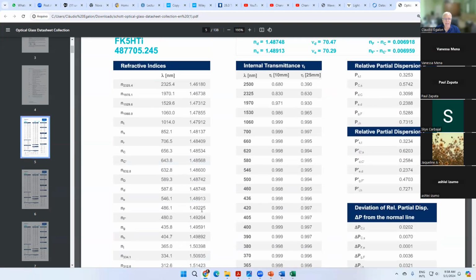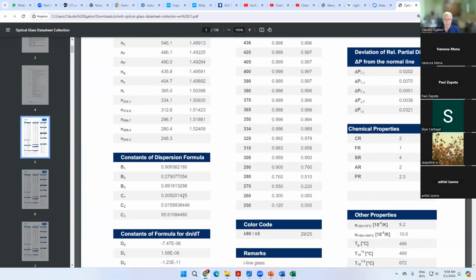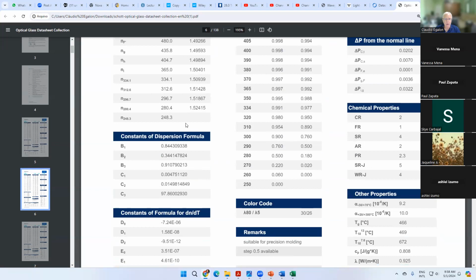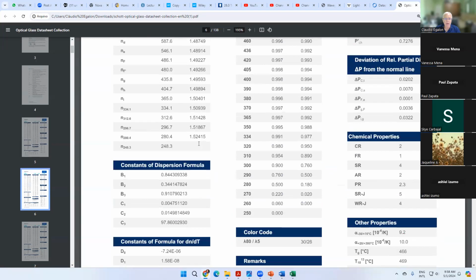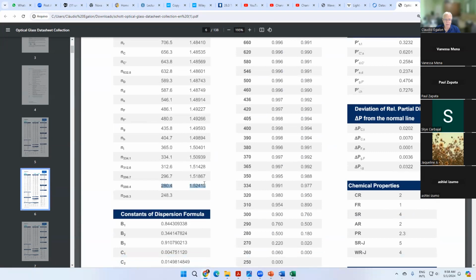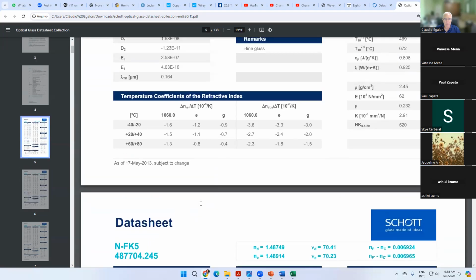Because they are slightly different glasses, they're going to have slightly different refractive index at the same wavelengths. Okay. Wavelength 280, 1.52409. Let's take a look. 1.5241, right? Right here, 41.